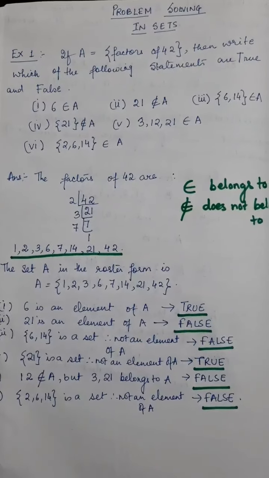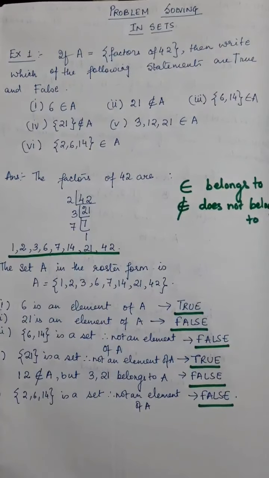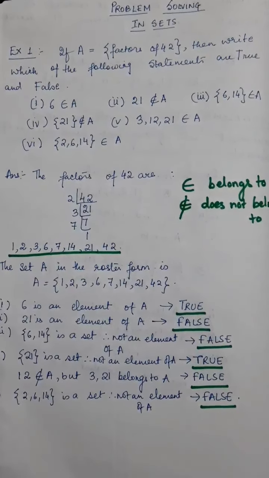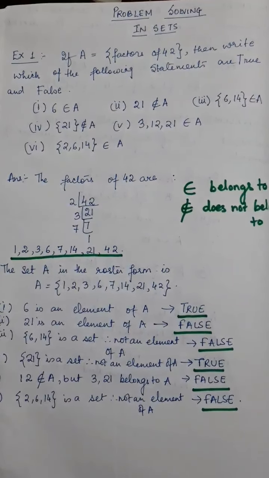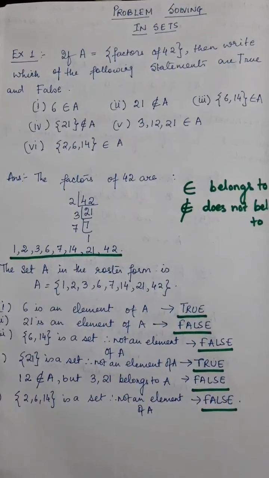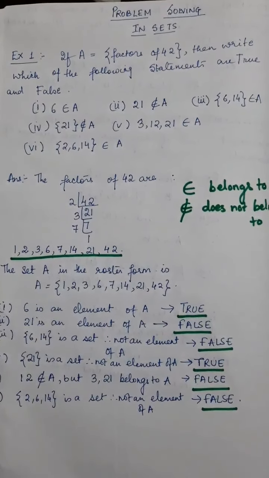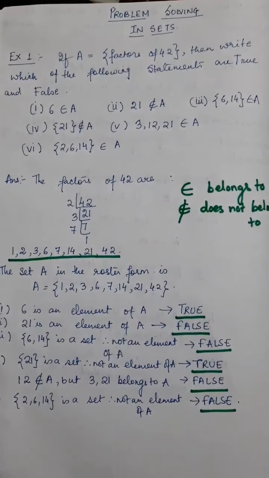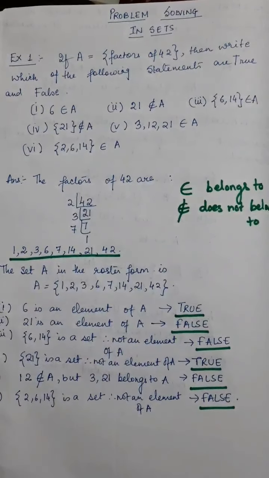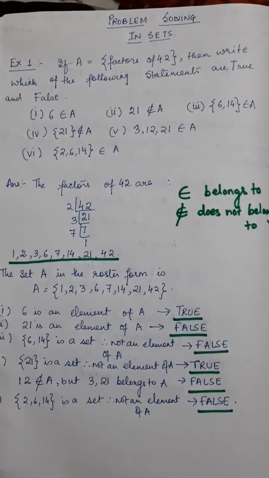Example number 1. If A is equal to factors of 42, then write which of the following statements are true and false. Number 1. 6 belongs to A. Number 2. 21 does not belong to A. Number 3. Set 6, 14 belongs to A. Number 4.